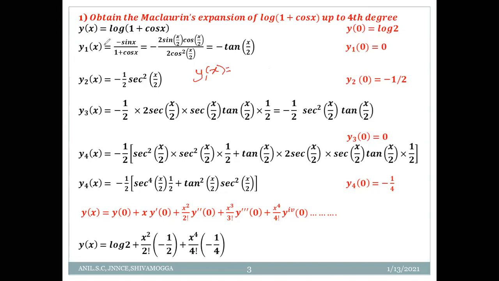The derivative of y of x is y1 of x, and the derivative of log 1 plus cos x is 1 divided by 1 plus cos x into the derivative of 1 plus cos x, which is minus sin x. 1 is constant, its derivative is 0, and that of cos x is minus sin x. Therefore, minus sin x divided by 1 plus cos x, that's what I have written here.